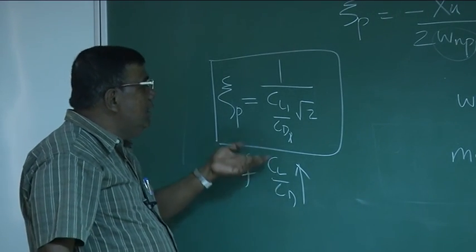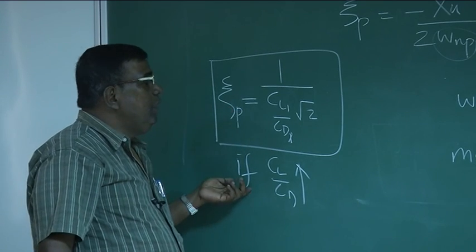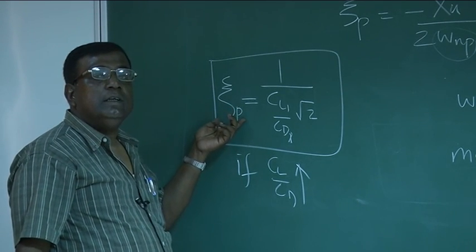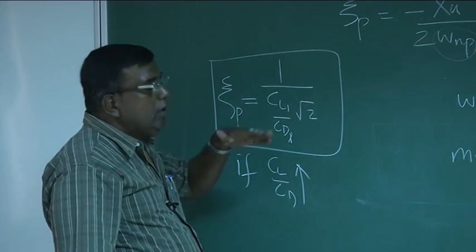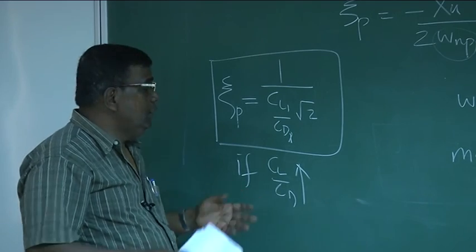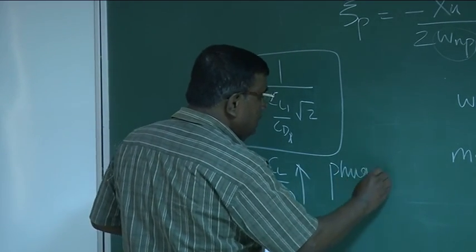Your damping ratio for the Phugoid mode will become weaker and weaker. That is very important, right? Okay? So with a slight excitation, it will take a lot of time to damp out the Phugoid mode. So this is very, very important.